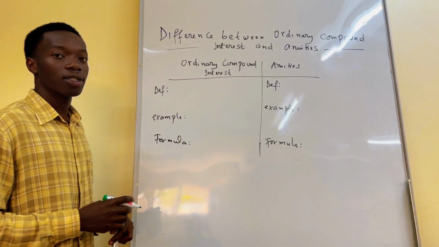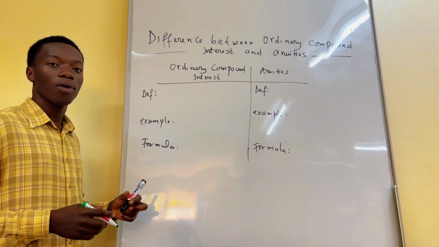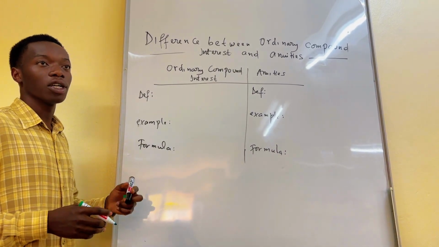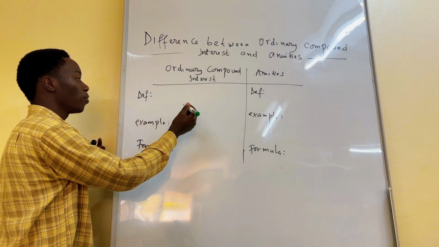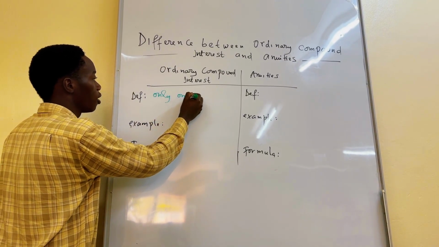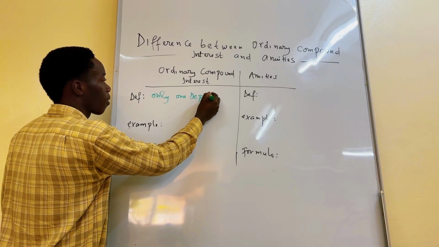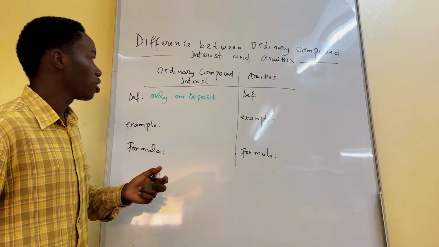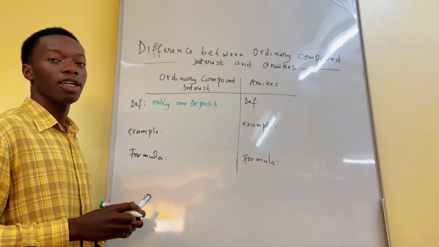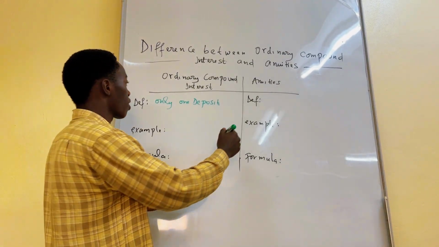Ordinary compound interest simply means the case where you can save or deposit only one time. Here you will make only one deposit. But for annuities, you will make many equal deposits.